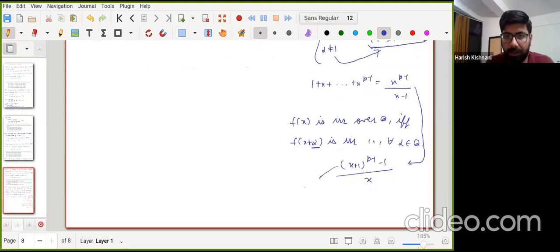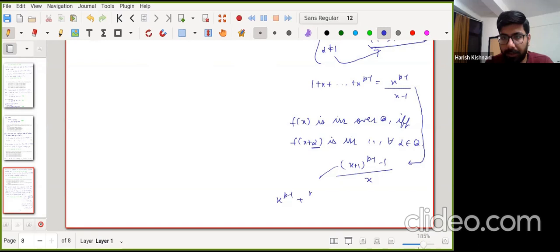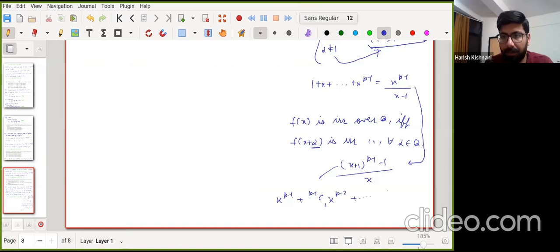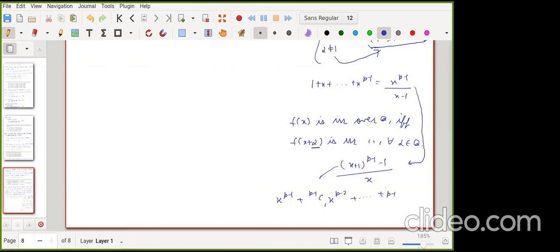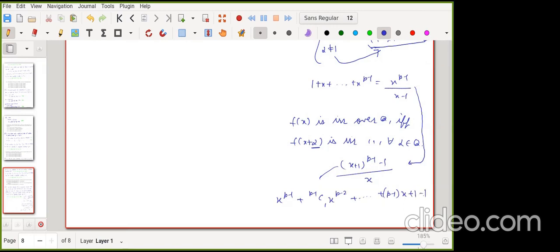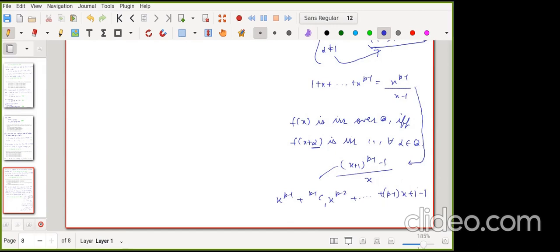This will be nothing but x^p plus pC1 x^(p-1), dot dot dot, plus pC(p-1) x, and then you will have plus 1 minus 1. The minus 1 is coming from here. This plus 1 and minus 1 will be cancelled out.